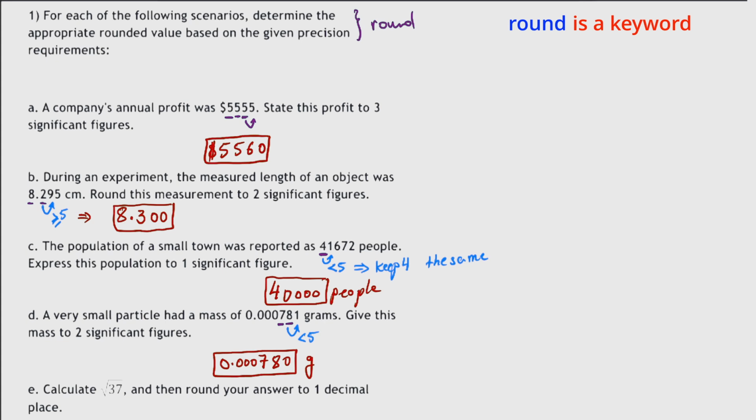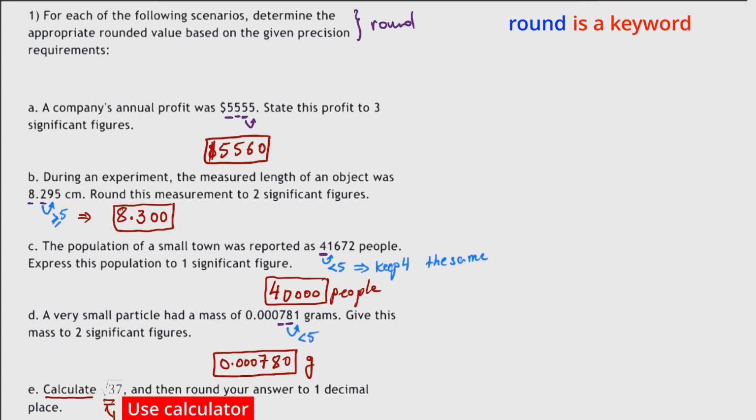Now we have part E. Calculate radical 37 and then round your answer to one decimal place. Here, the first part is calculate. We're going to use a calculator because without a calculator, we cannot find the answer.